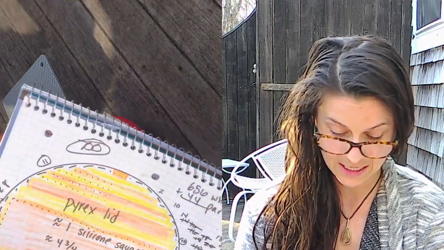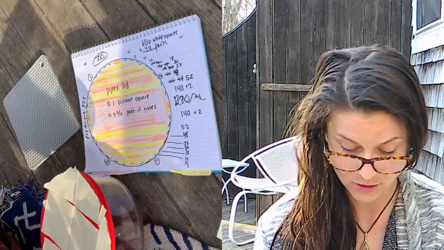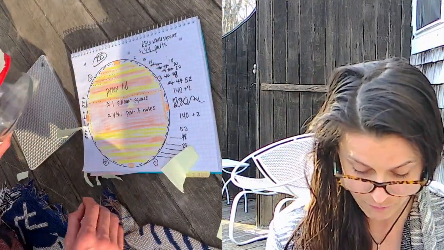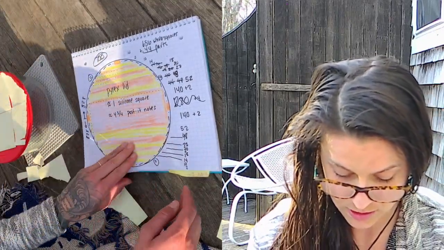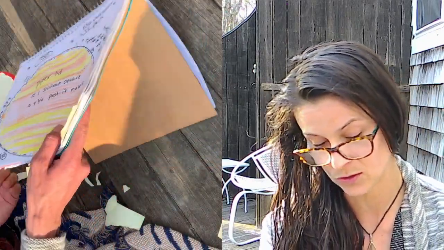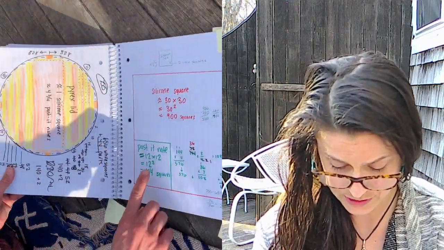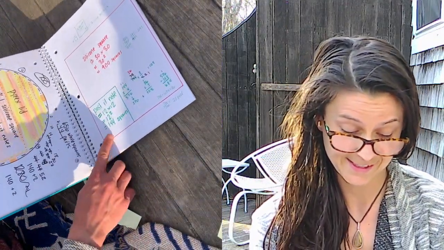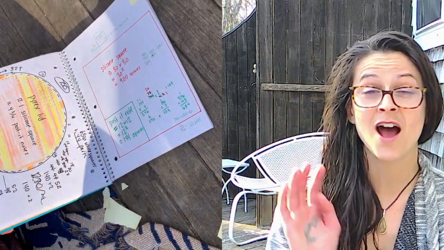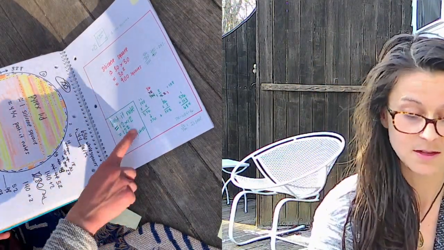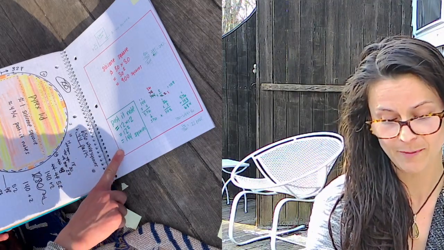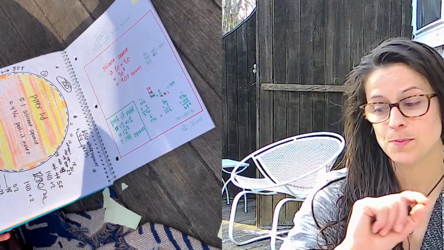So then what I did is I took the Pyrex and I traced it onto my graph paper, and I also measured the silicone mat and the Post-it note using the graph paper. So one Post-it note is 144 squares. 1 square on this graph paper is 1/4 inch by 1/4 inch.